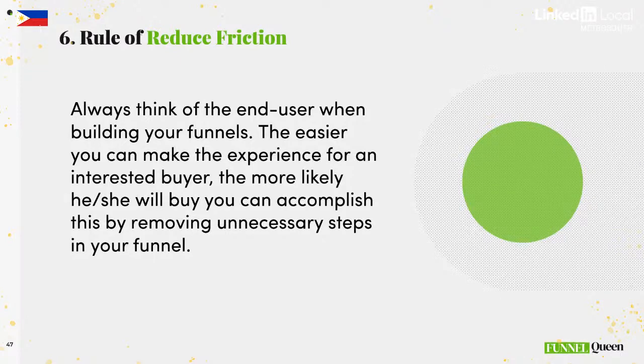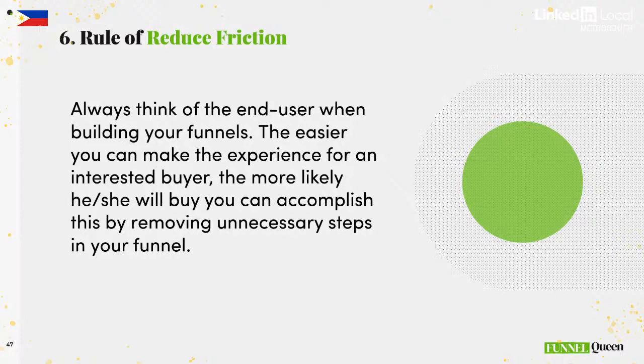So one of the reduce friction rules that you can apply is to ask for the email address. You don't necessarily need to ask for the name because not everybody is comfortable giving out their names online. So instead of asking for the name, just ask for the email where you can send the freebie. Because if you have the email, there's a way for you to get in touch with them or to send them follow-up messages without their name.